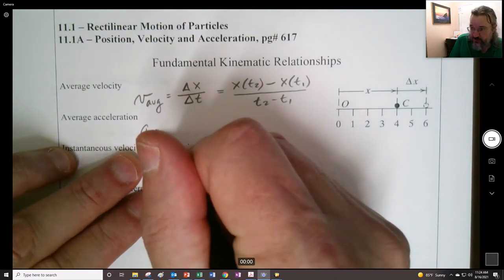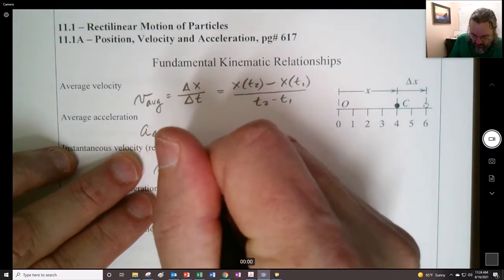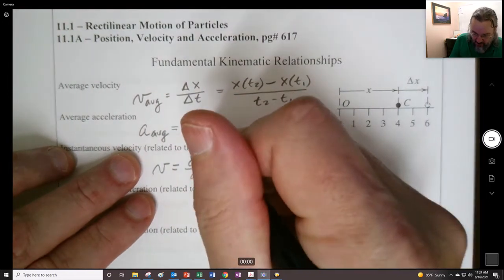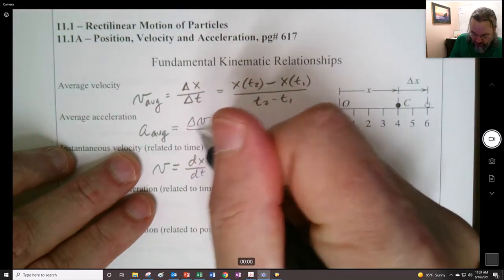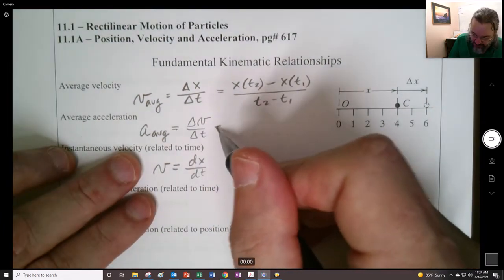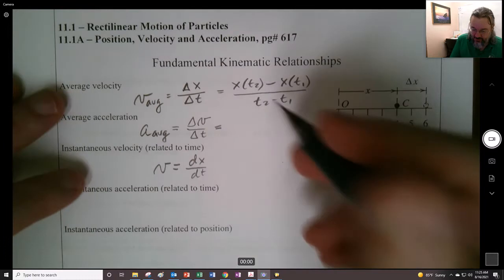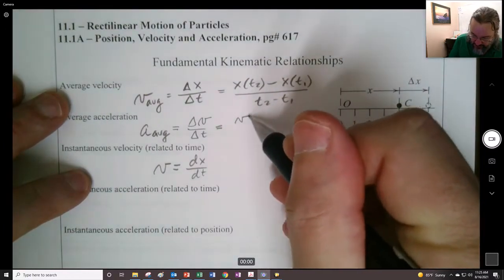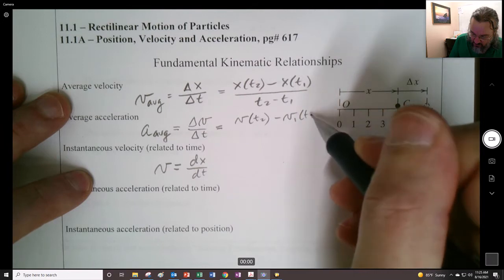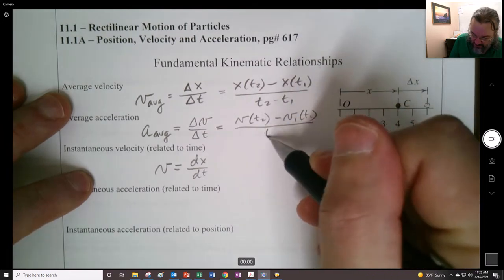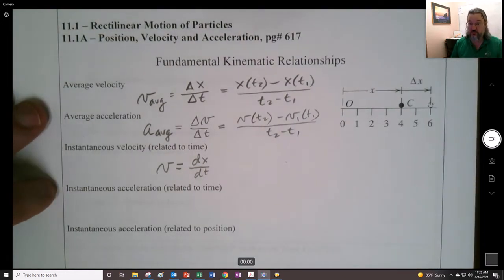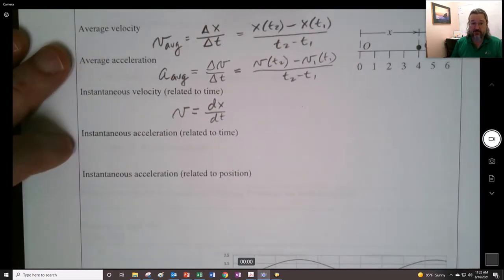Maybe if you take a look at the speedometer and you press on the gas pedal, you can find out, after setting your stopwatch, what your average acceleration was going to be. So that's just the difference between the velocity at one time and another time, divided by that delta t, the change in time that it takes for you to change those velocities.